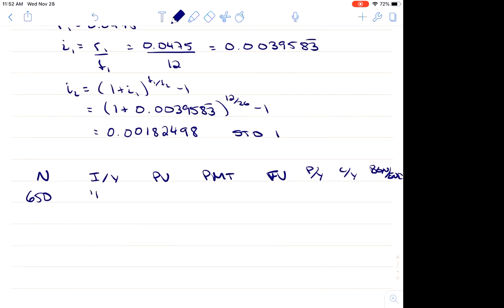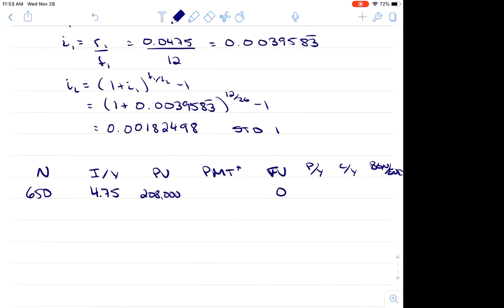Our interest per year was 4.75. Our present value is 208,000. Our payment is the one we're trying to find. Our future value, when this is all paid off, is going to be 0. And we have 26 payments per year and compounding monthly, so 12, and we're at the end.